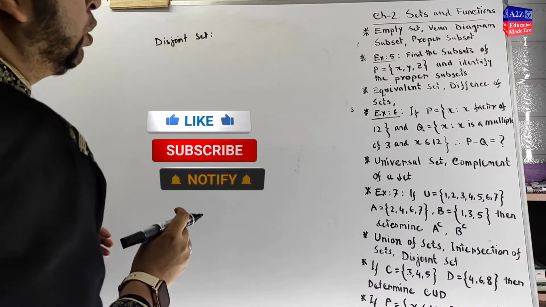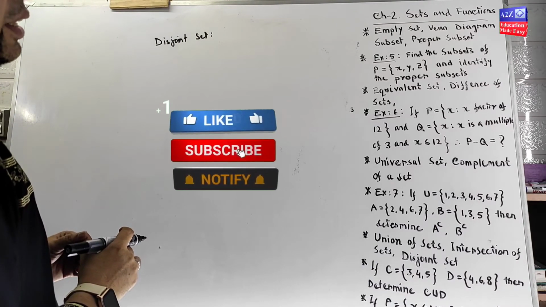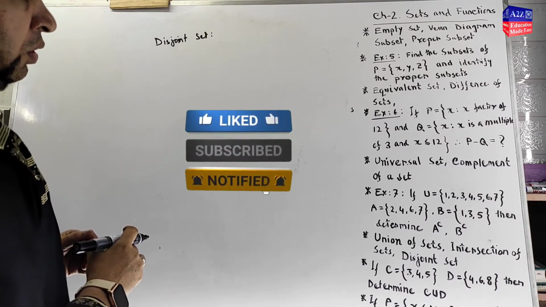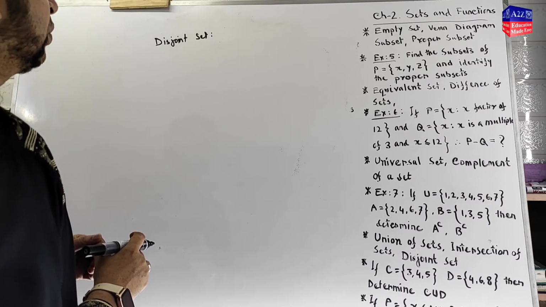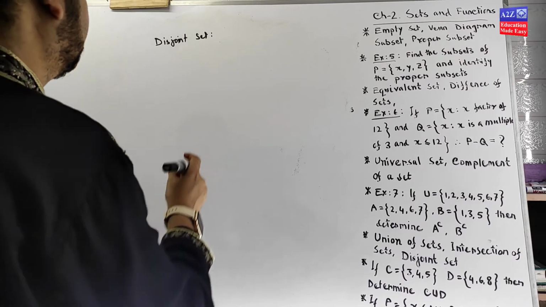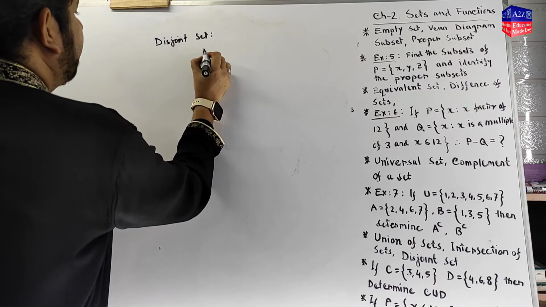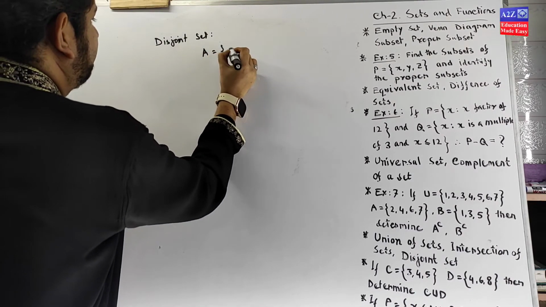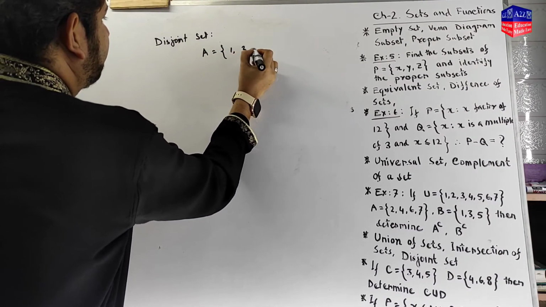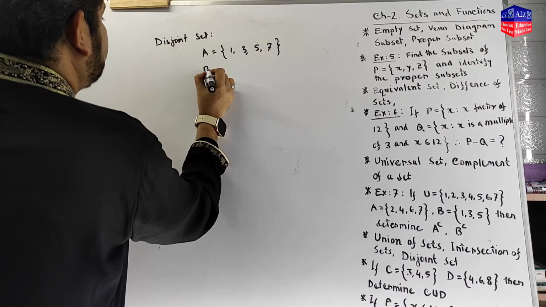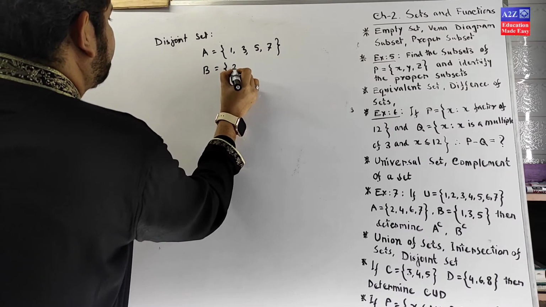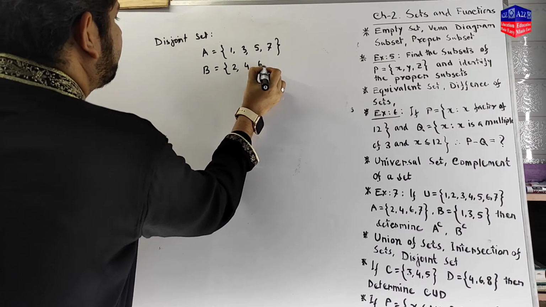If there are two or more sets which have no elements common, then these sets are known as disjoint sets to each other. For example, A is a set of elements 1, 3, 5, 7, and B is a set of elements 2, 4, 6, 8.